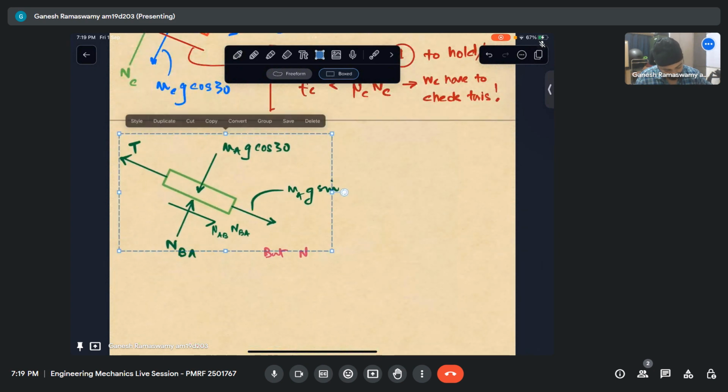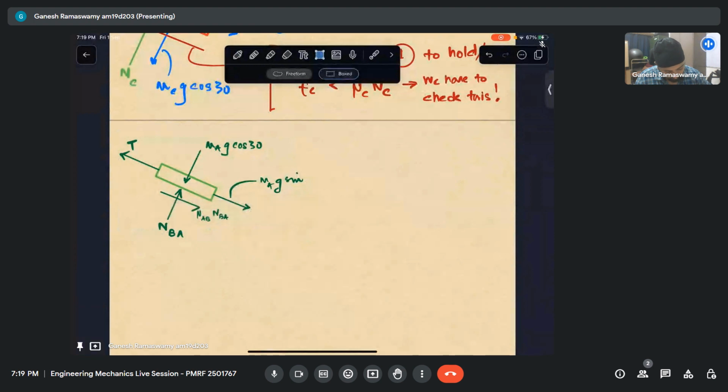This I'll remove. This is 30. So let me fix my axis like that at 30 degrees. Yeah, let me take this color. X and Y. Let me call those X and Y.